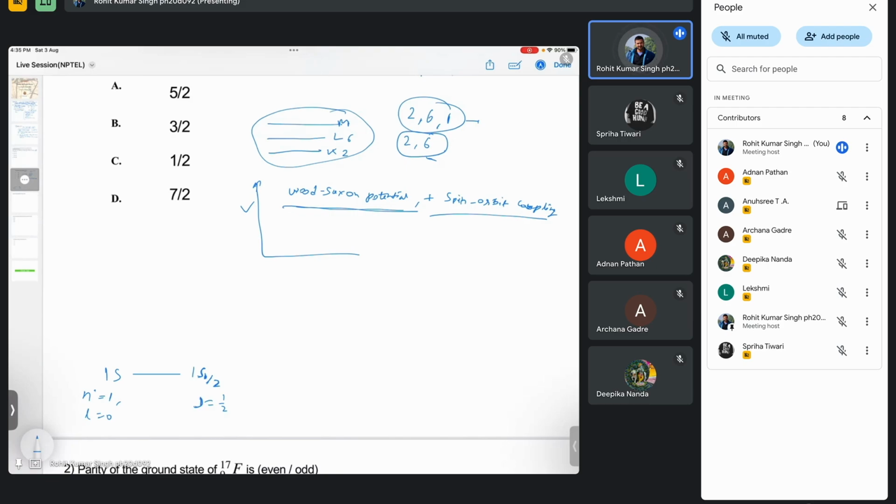And here spin is written by J, not by S, so just keep that in mind.